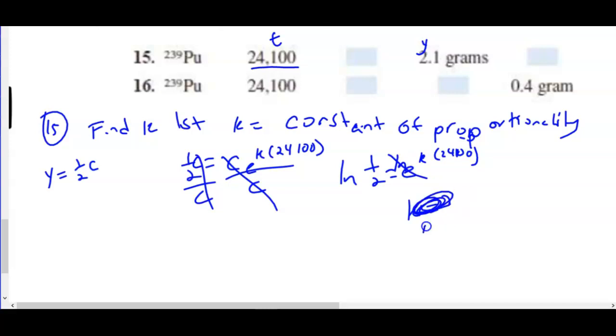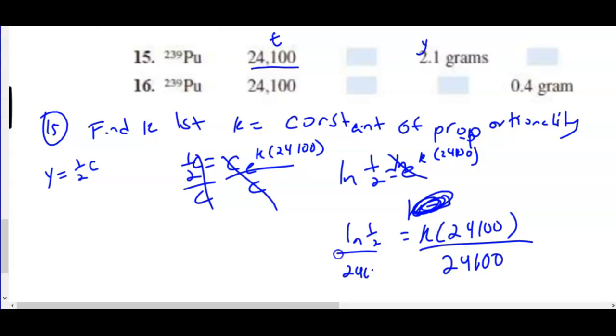So we have k times 24,100 equals ln of 1/2. And now we just divide on both sides by 24,100. When you do that, you get k equals negative 0.0000288.